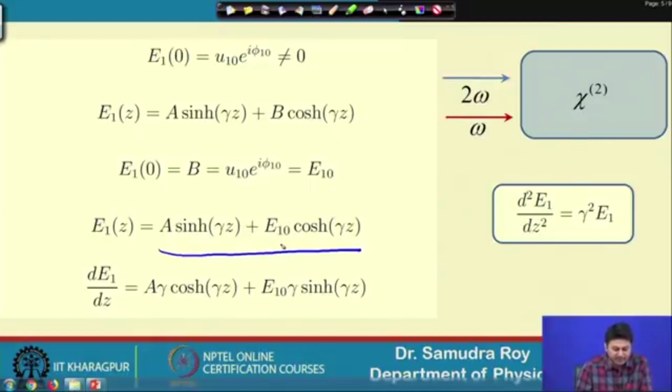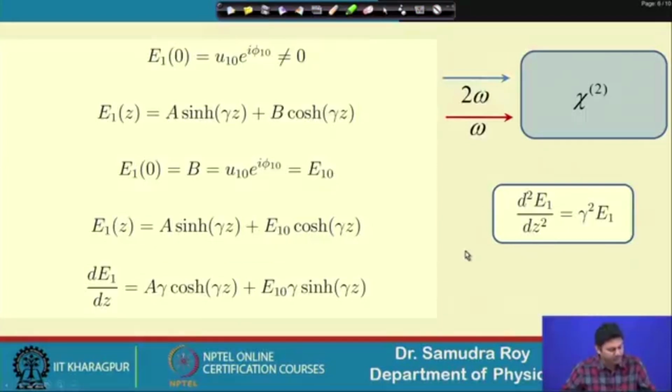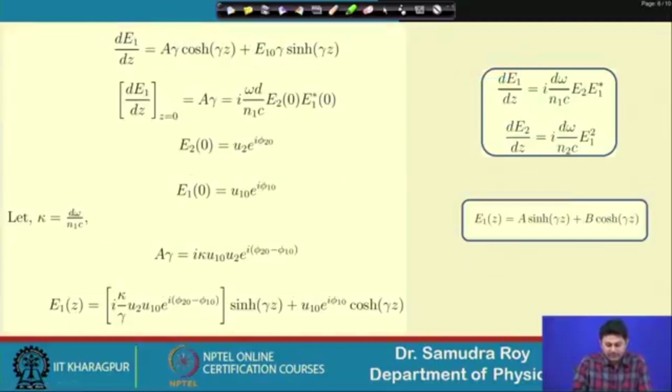The derivative of the first quantity gives me A gamma cosh(gamma z), and the derivative of the second quantity gives me E10 gamma sinh(gamma z). So, why am I making the derivative? Because I am going to use the next boundary condition, and there is a derivative form of that here.